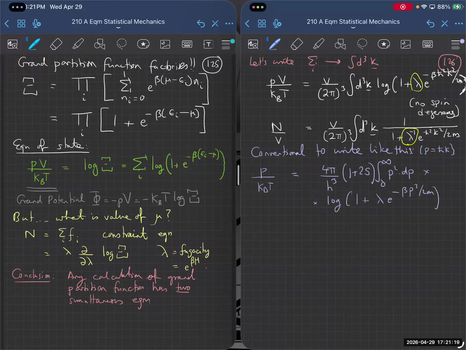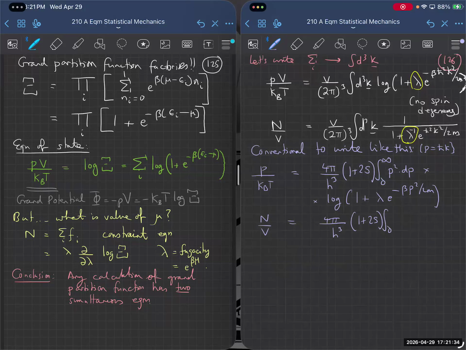So that's the first integral. And then N over V is equal to 4 pi over h cubed, spin degeneracy 1 plus 2s, times the integral from 0 to infinity of p squared dp over 1 plus lambda to the minus 1 e to the beta p squared over 2m. And those two things solved together give you the solution.